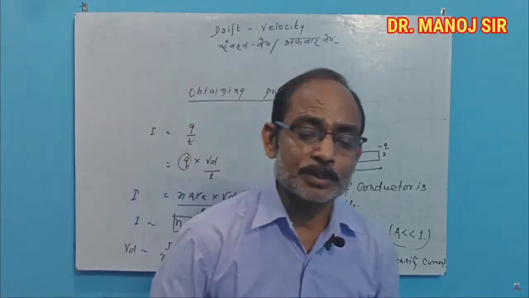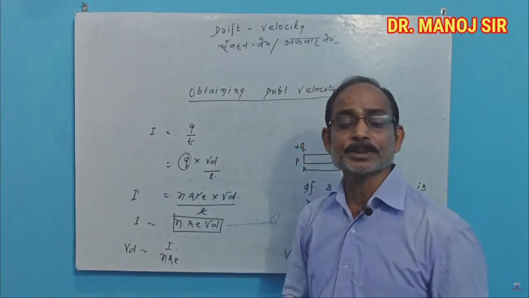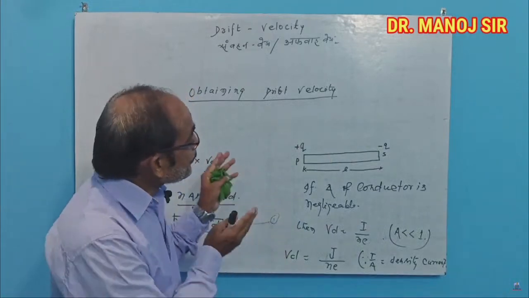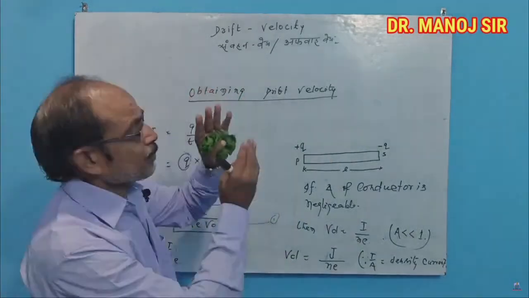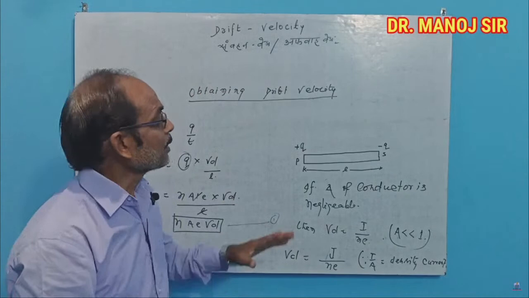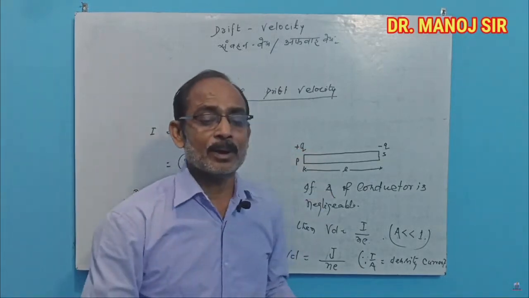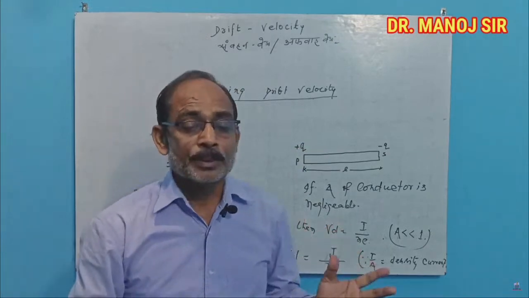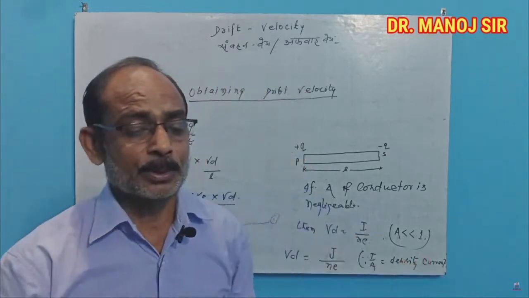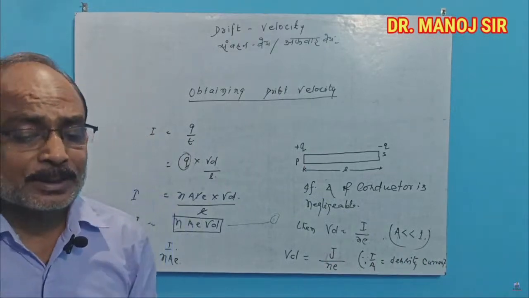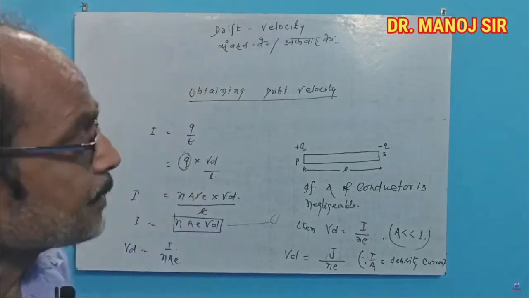If the path of the propagation is zigzag, अगर इलेक्ट्रॉन्स के फ्लो की जो पाथ है वह यदि ऊबड़ खाबड़ टेढ़े मेढ़े और रैंडम हो तो velocity of electrons is disrupted.